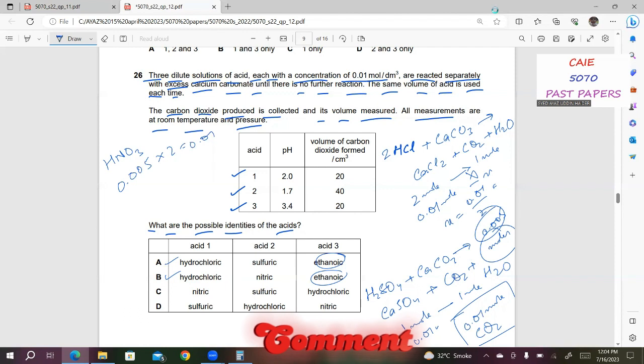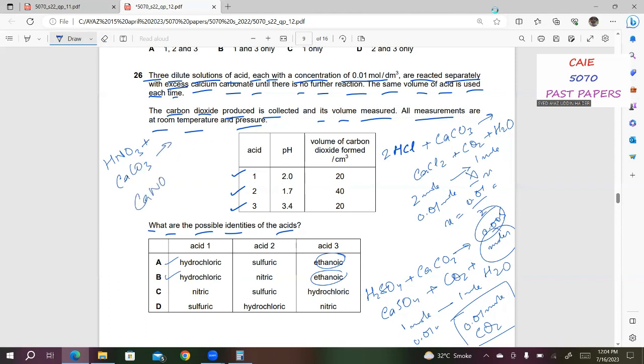You can't have nitric acid as acid number 2. I will show you why. If you react nitric acid with calcium carbonate, you will get Ca(NO3)2 plus CO2 plus H2O. Now balancing the equation. Now the equation is balanced.